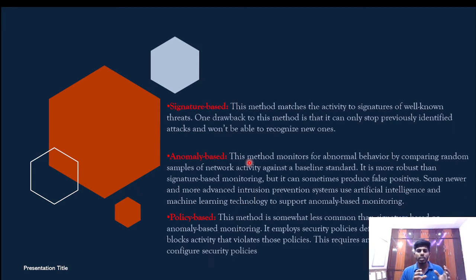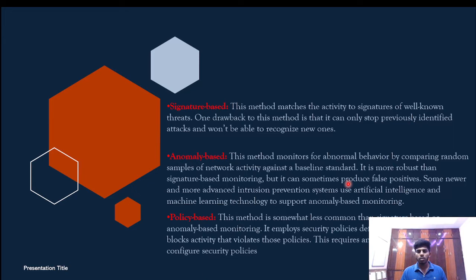If any suspicious activity is done on a particular network, it is separated from the network, and the activity is checked and blocked. It is more robust than signature based monitoring, but it can sometimes produce false positives. It is not 100% accurate; sometimes some deviations are also there.